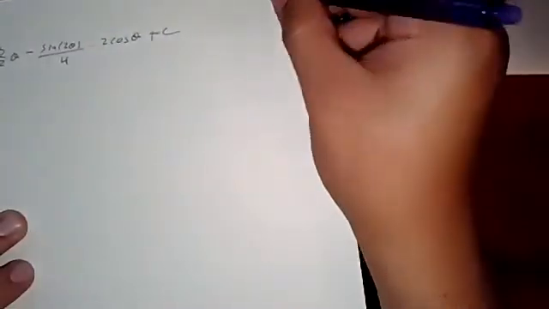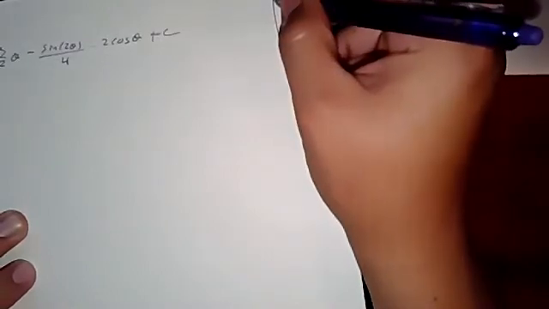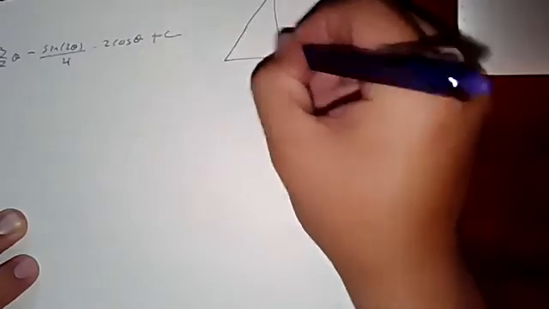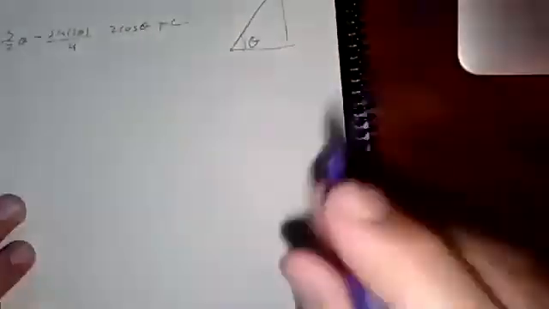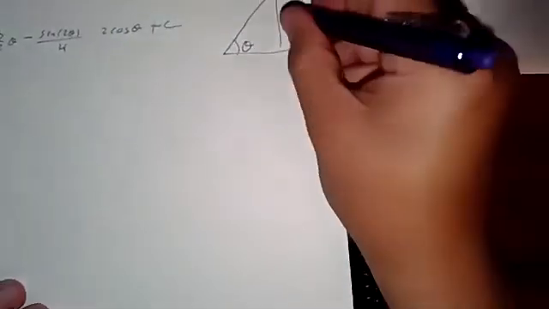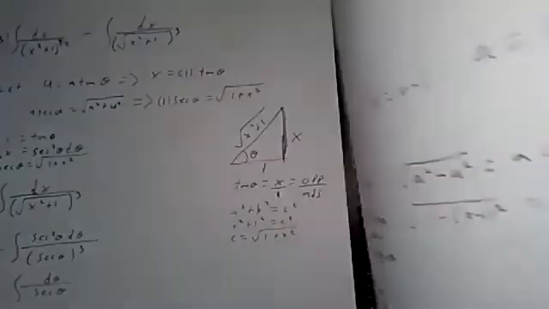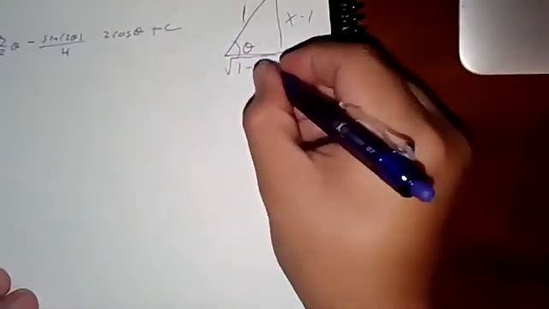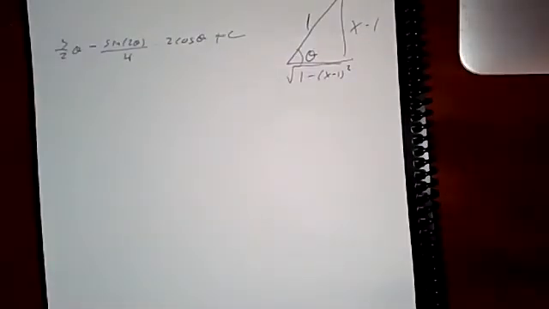Now I need a triangle because I can't do anything without that. I can't resub without a triangle. So we had x minus 1 right here. We had 1 up here. And we had the square root of 1 minus (x minus 1) squared.